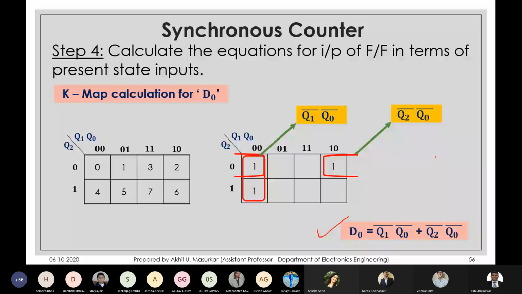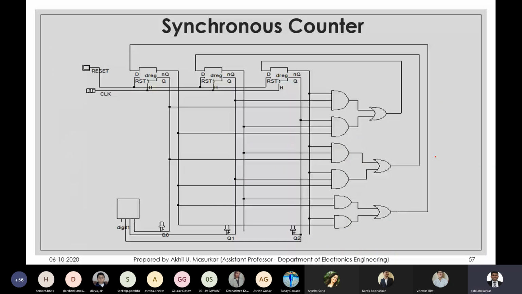Okay. So the implementation of this counter is this way. What you can see here is D2, D1, and D0. Previously D0 was just Q0 bar, but now you can see D0 is something pretty complex.